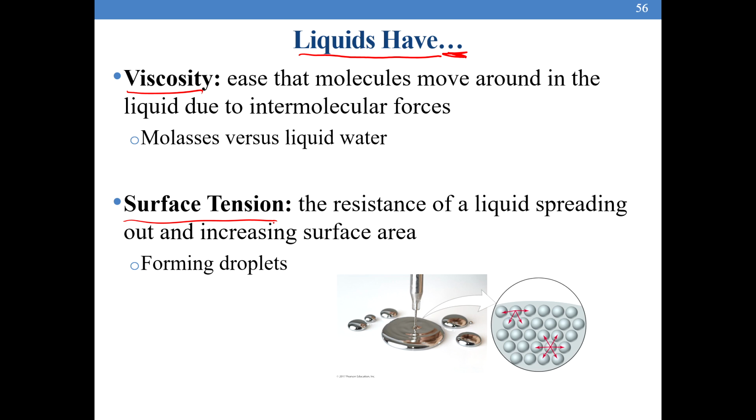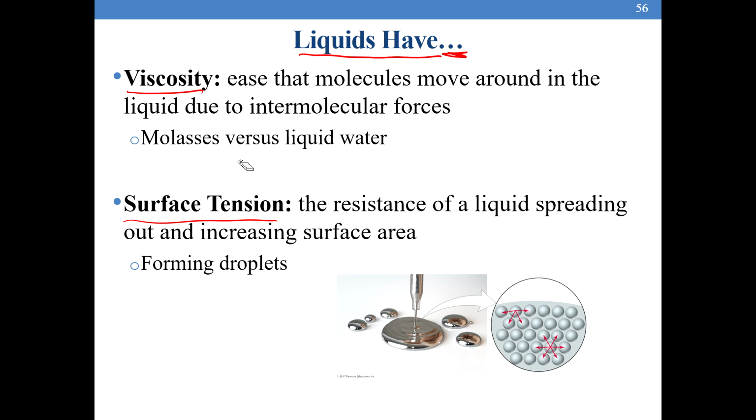For example, liquid water sloshes around easily, and you can spill it more easily than molasses. If you've ever heard the expression, slow as molasses. Molasses is really thick, like tar, so it's a highly viscous liquid with a high viscosity, whereas water, which we are more familiar with, has a very low viscosity.